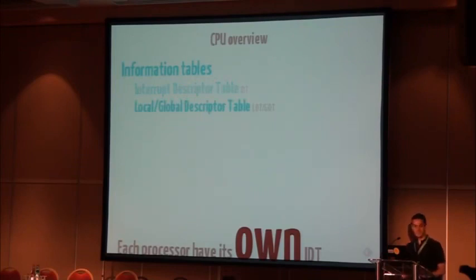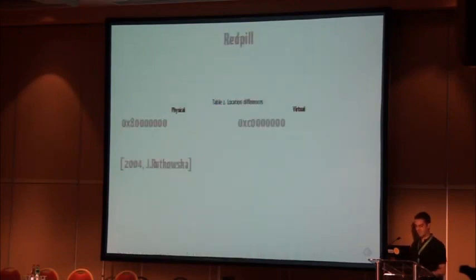And the problem is that when you have virtual CPUs, you have multiple IDTs. Where to locate them in memory? This is what Joanna found 10 years ago with the Red Pill. I think you know it. I will go from 2004 to today during the slides.